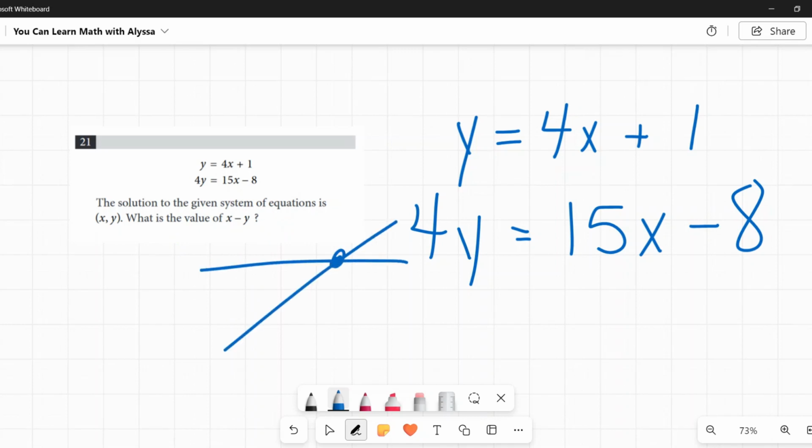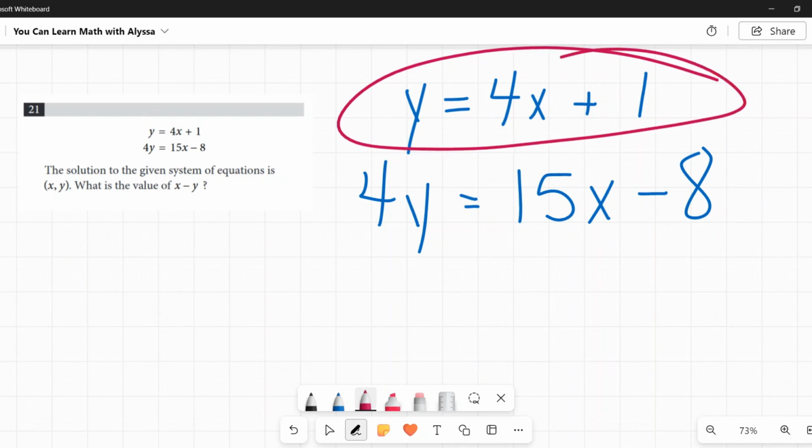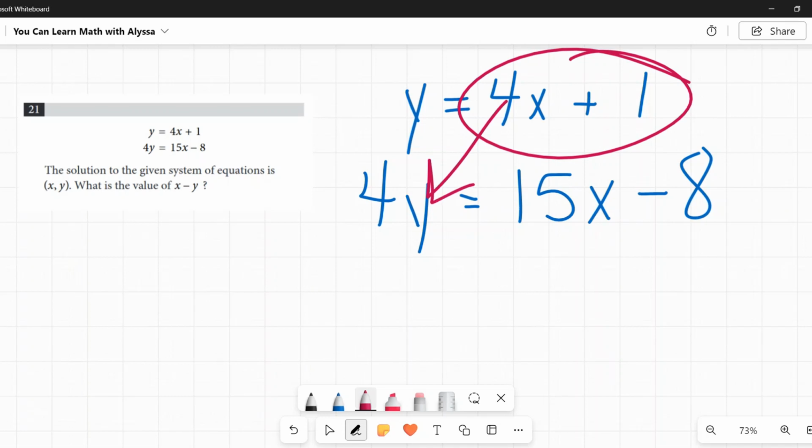If you're wanting to do this mathematically, you can do it by either substitution or elimination. Either way, it works. Substitution is set up here for you, where it says y is equal to 4x plus 1. Since there's already a variable isolated, you can plug this in wherever there's a y in the other equation.